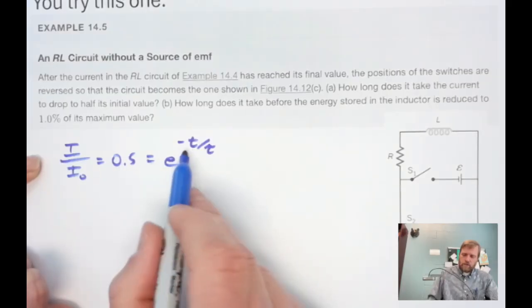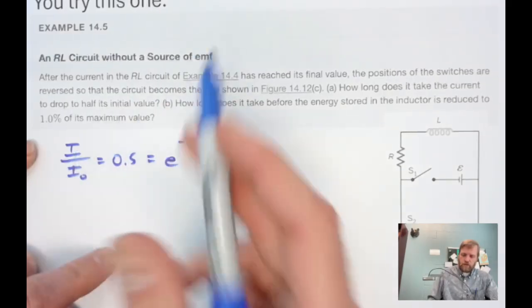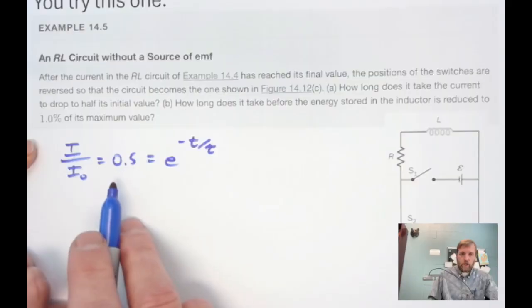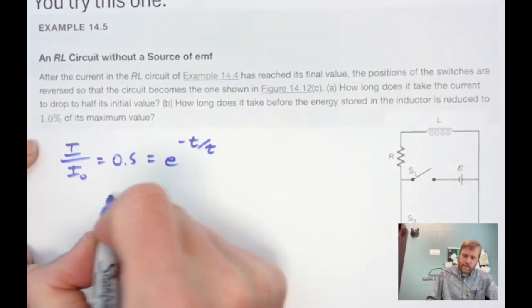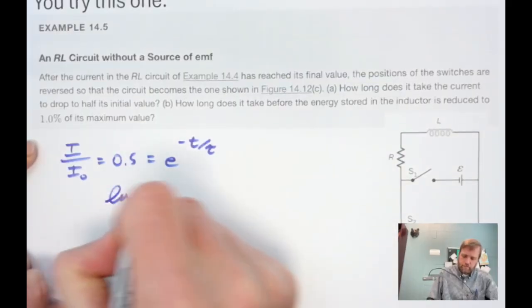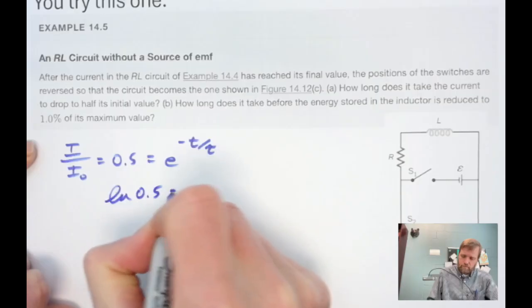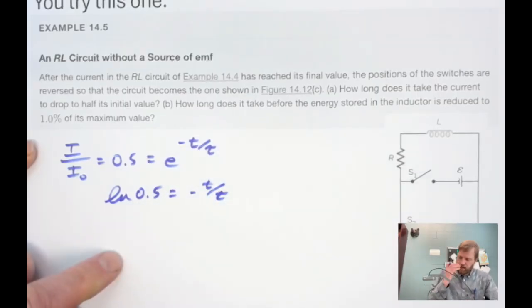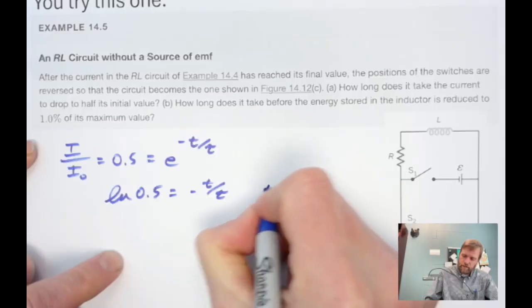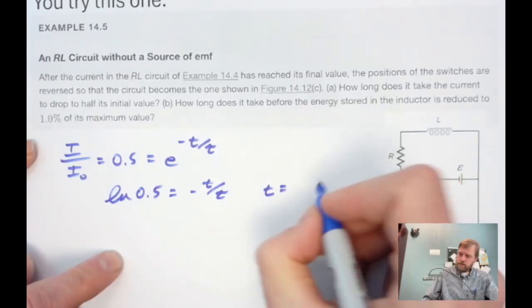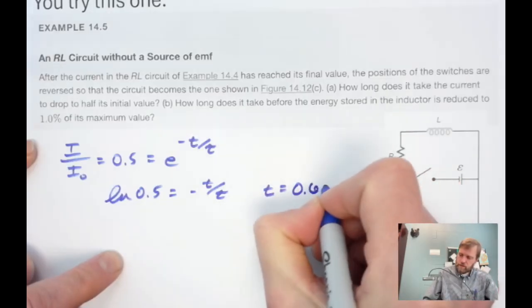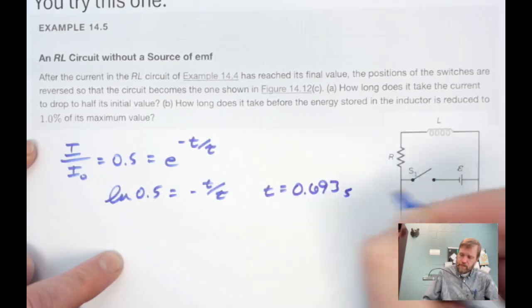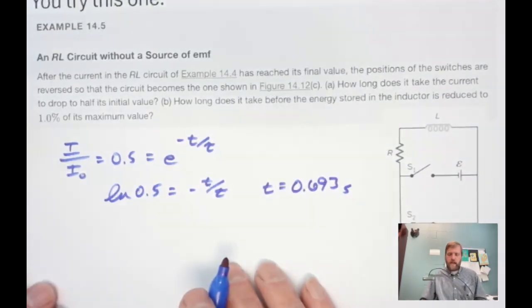In order to solve this, you could use numsolve on your TI-36X Pro, or you can take the natural log of both sides and solve for t this way, which is 0.693 seconds. All right, so that's part A.